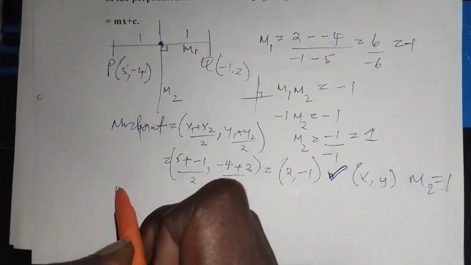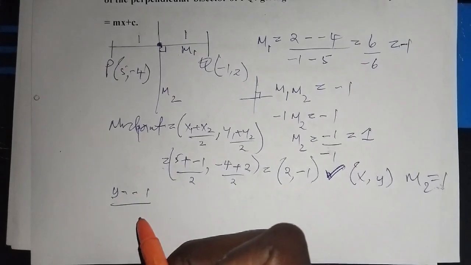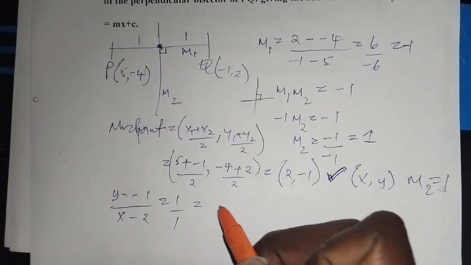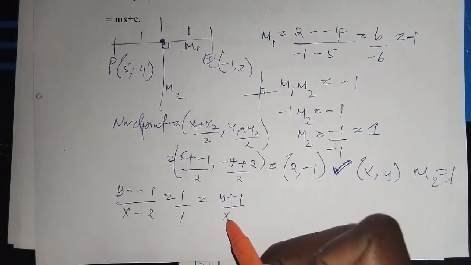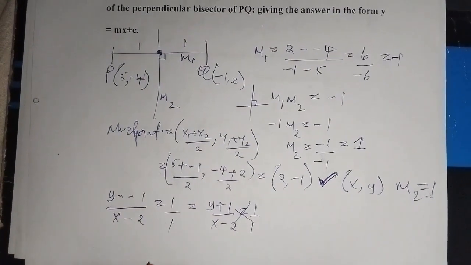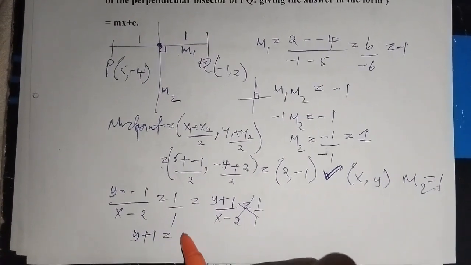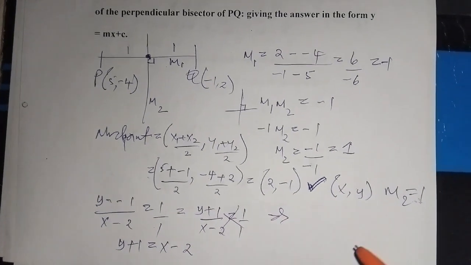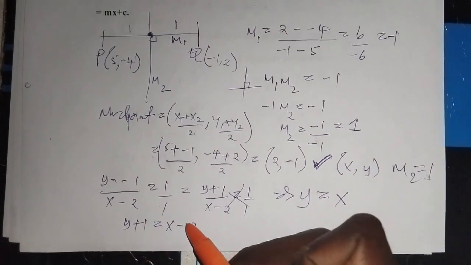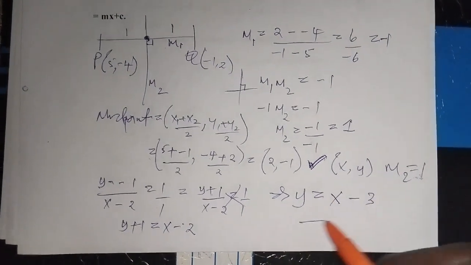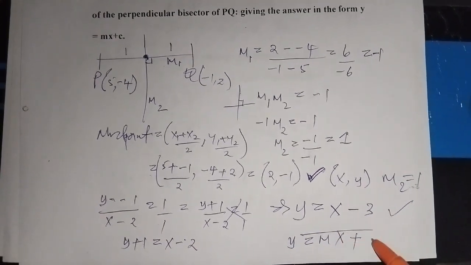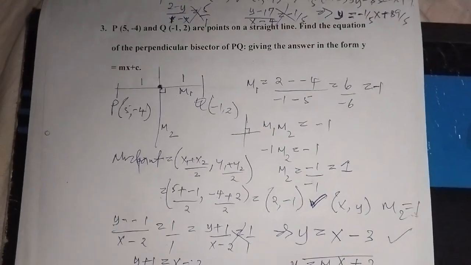So y plus 1 over x minus 2 gives us 1. Cross multiplying, y plus 1 equals x minus 2. So y equals x minus 3, our equation in the form y equals mx plus c.